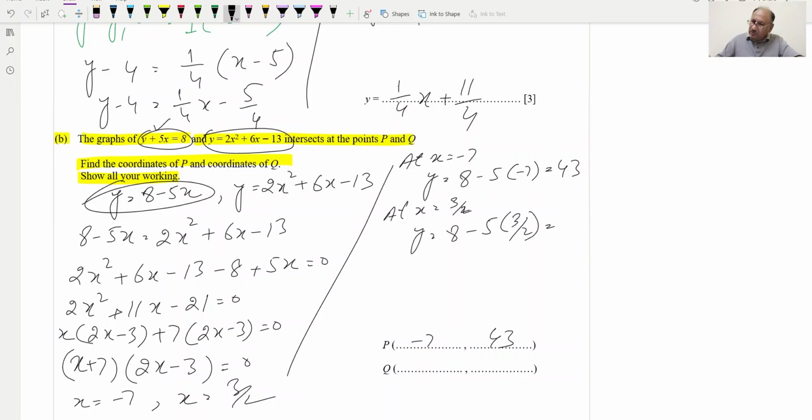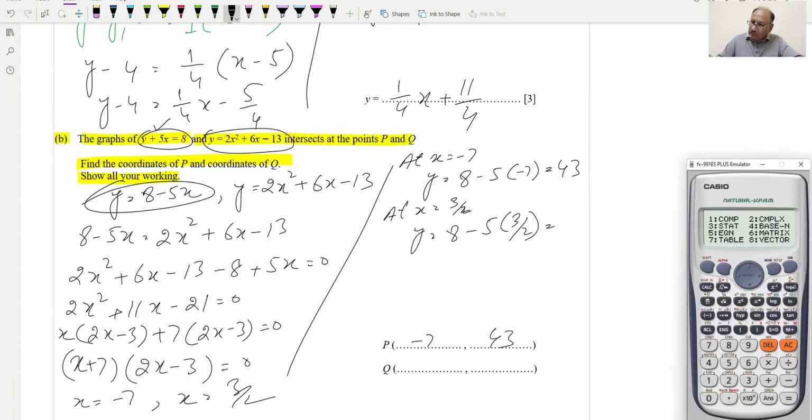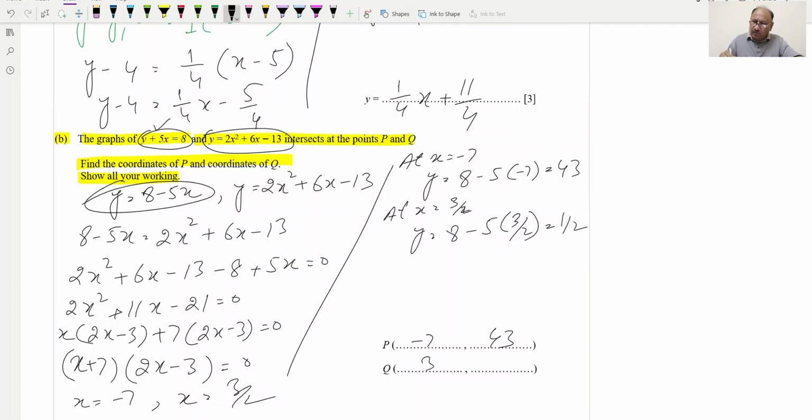This will be 8 minus 5 into fraction 3 over 2, bracket close, and this is equal to 1 by 2 or 0.5. So we can write 3 by 2 and 1 by 2. This will be the answer, or you can write 1.5 and 0.5. So this is done. Now question number 9, and it's a little tricky question.